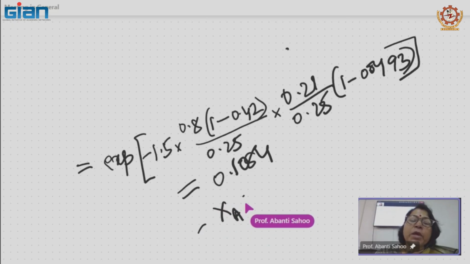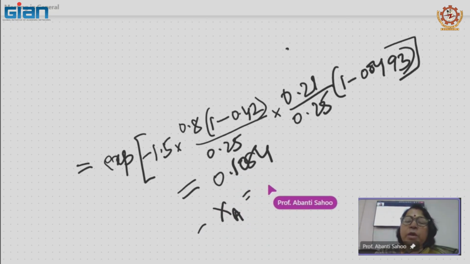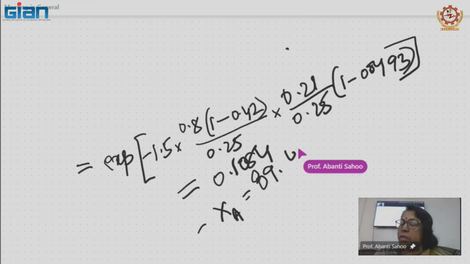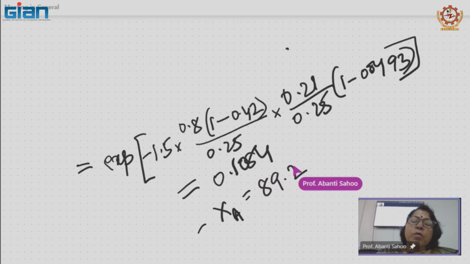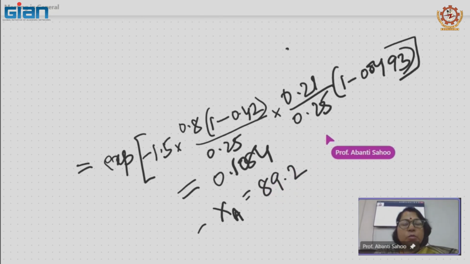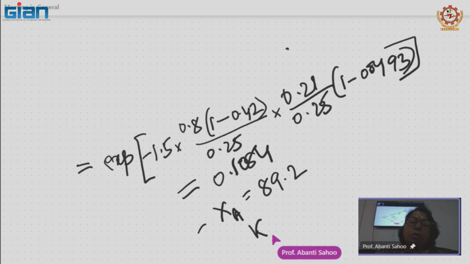So, 1 minus 0.1084, this is coming 89.2. That means the gas conversion is 89.2% it is coming.